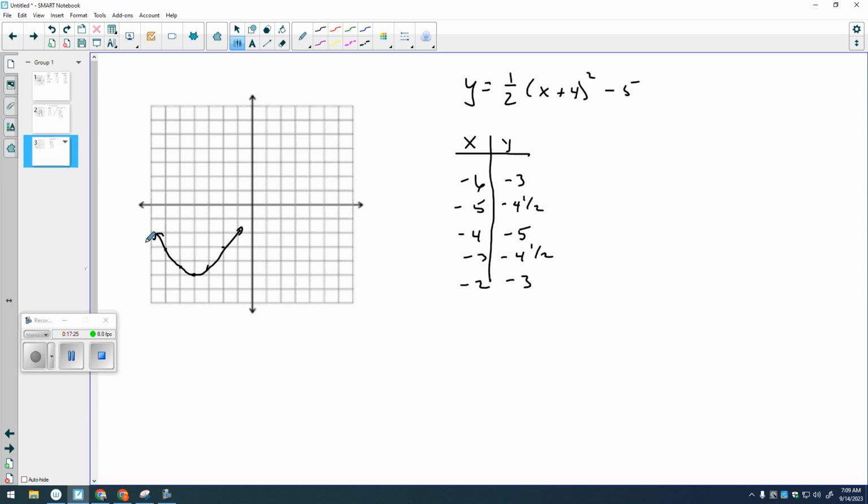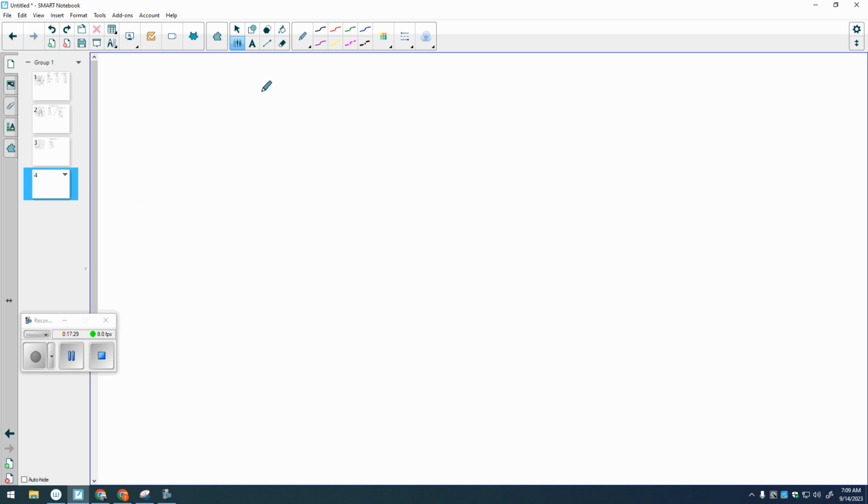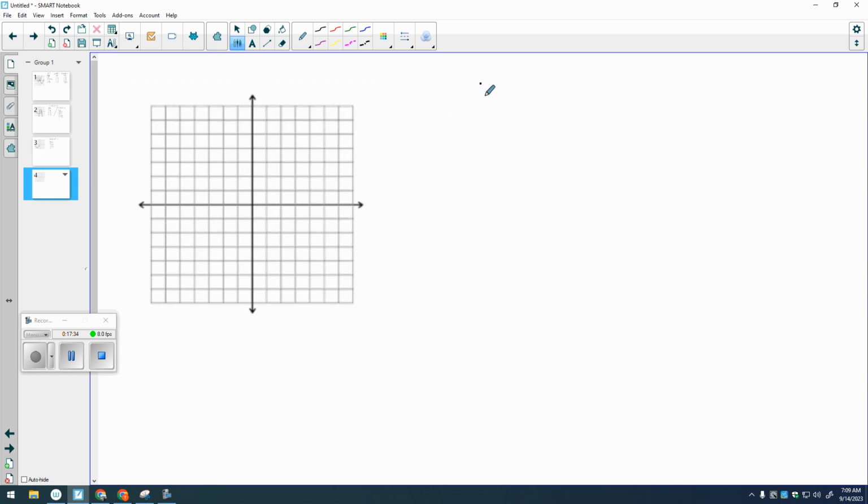Okay. That's enough for quadratics. Let's go to absolute value. And the thought process is going to be exactly the same. My shape is going to be different, but my thought process is exactly the same.